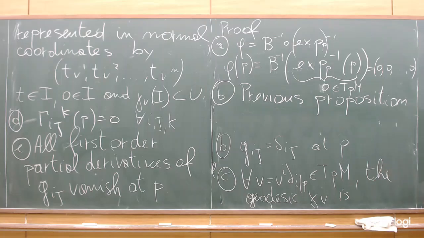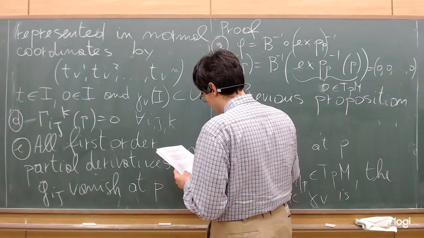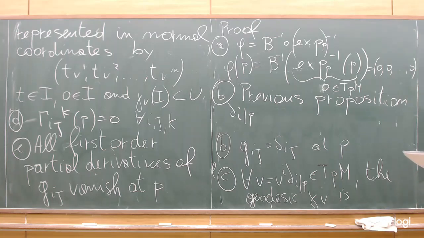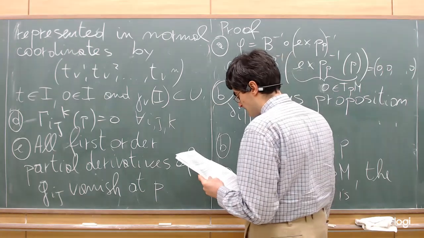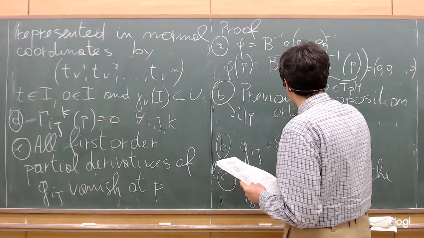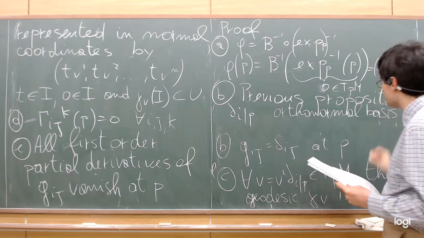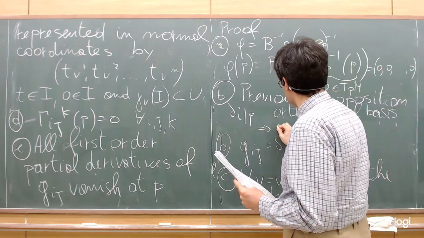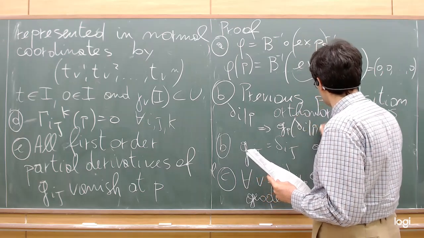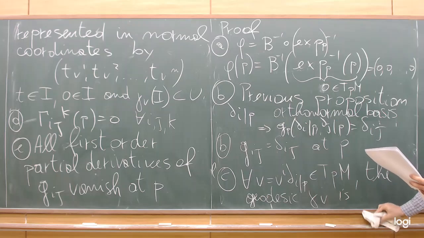Precisely, we have proved that (d_i)_p is an orthonormal basis, and this means that g_p of (d_i)_p, (d_j)_p equal delta_ij, which is exactly this.